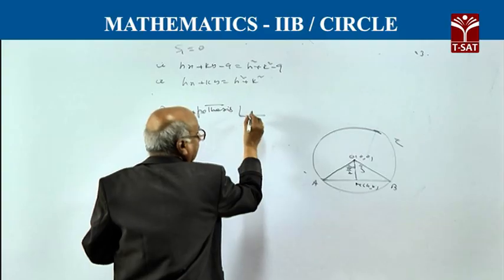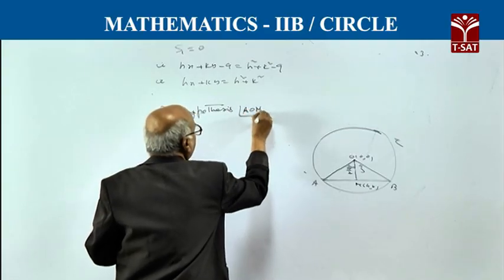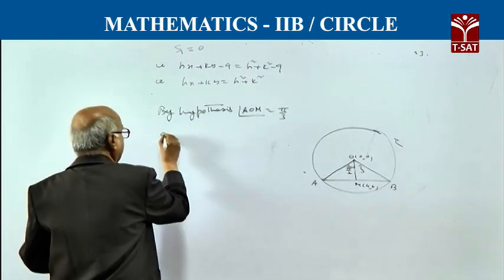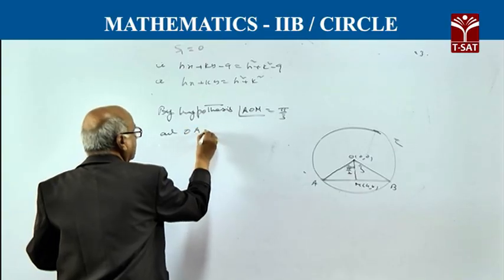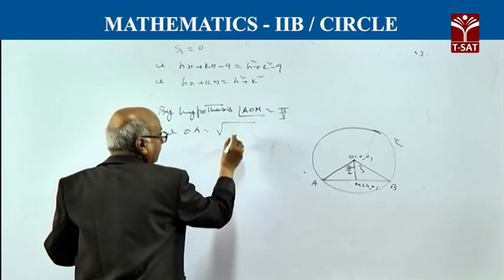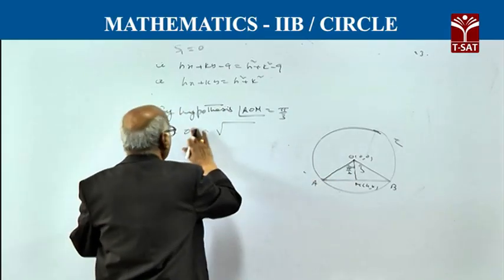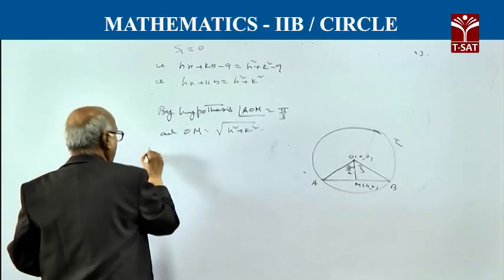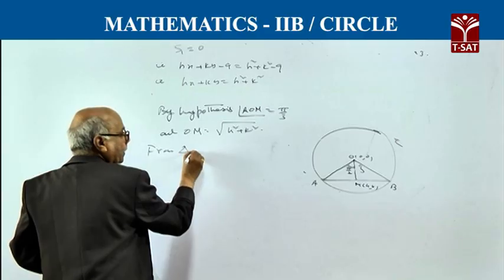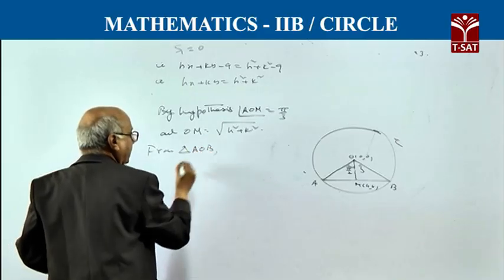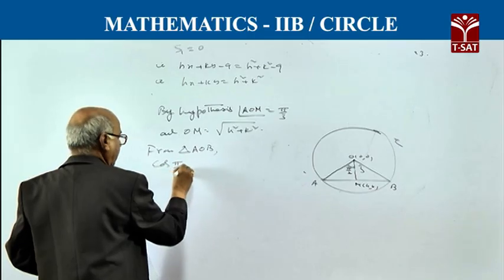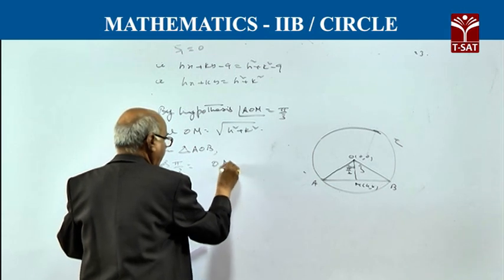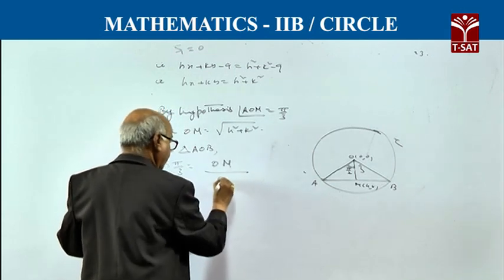Now by hypothesis, angle AOM is equal to pi by 3. OA is equal to 3, and OM is equal to square root of h square plus k square. Now from triangle AOM, cos pi by 3 is equal to OM by OA.